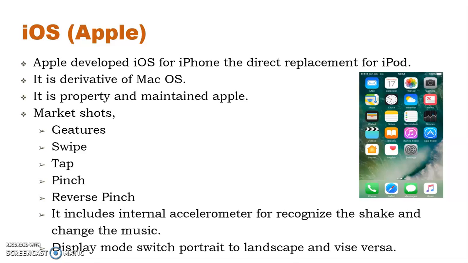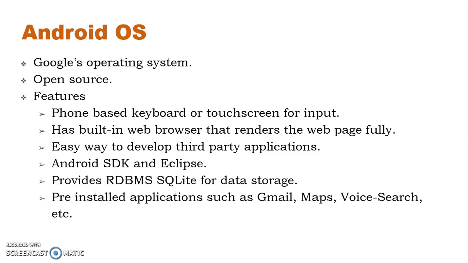These are some special features available in iPhone: swipe, tap, pinch, reverse pinch, and also it has an accelerometer to recognize a shake and change the music. Display mode switches from portrait to landscape and vice versa.